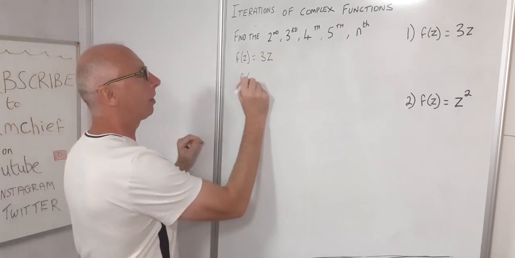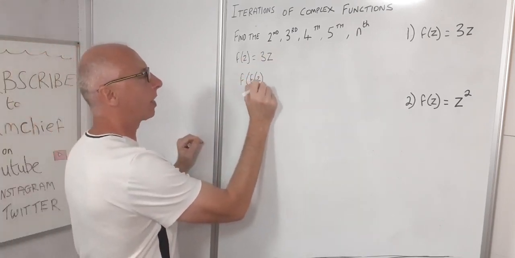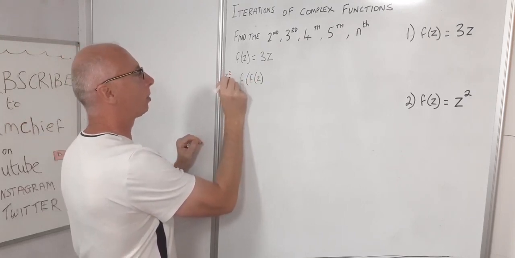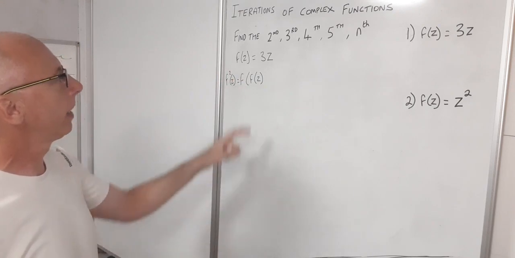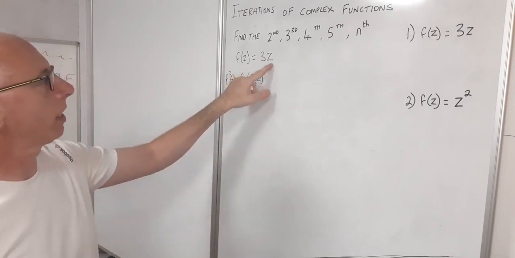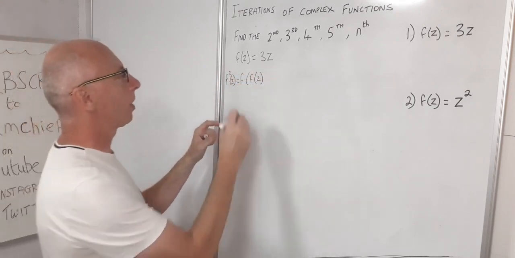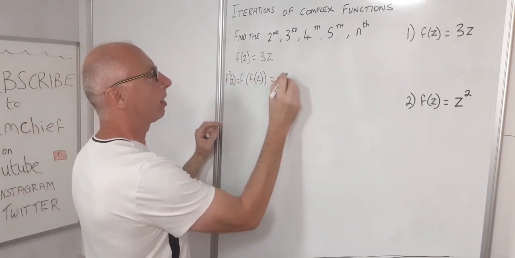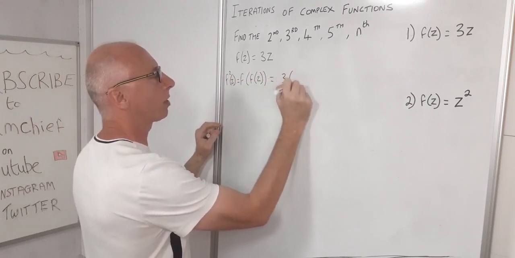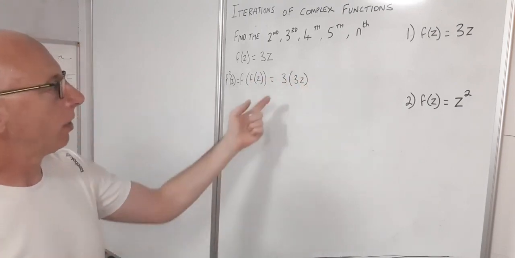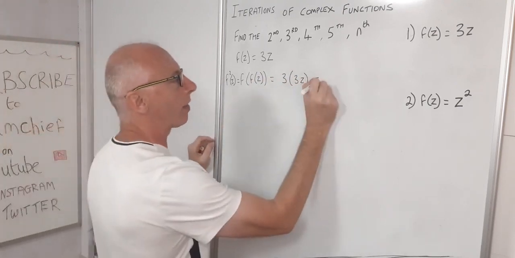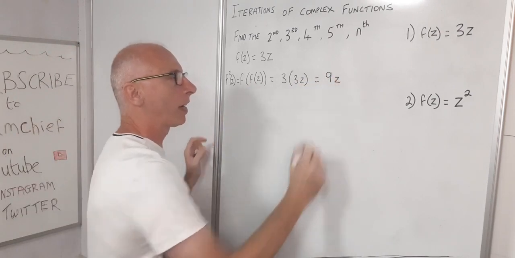So we want f of f of z, so that's f2 of z. Now the function is 3 times z. So for f of f of z, we want 3 times 3z. Now just simple algebra, we can work out that this is 9z.